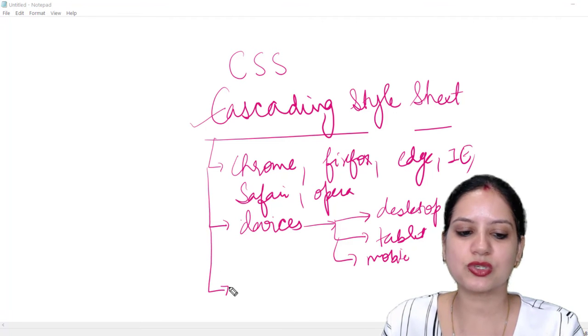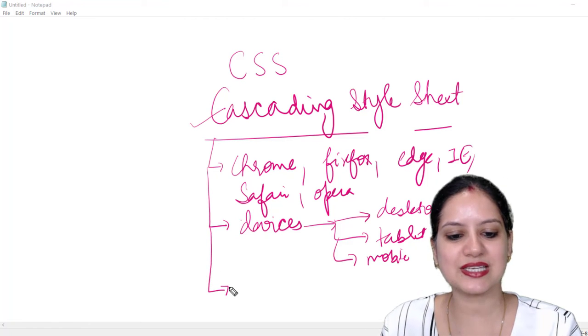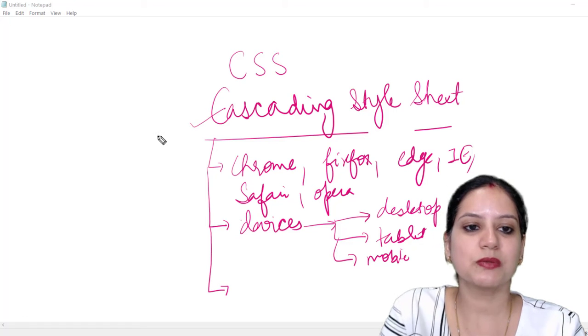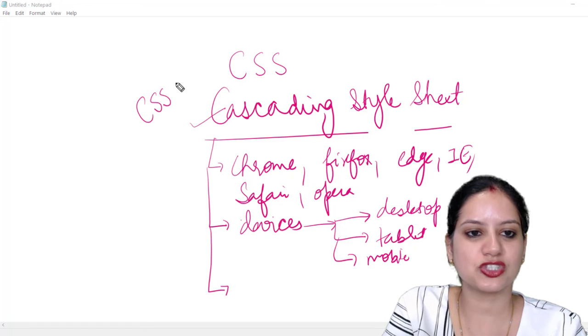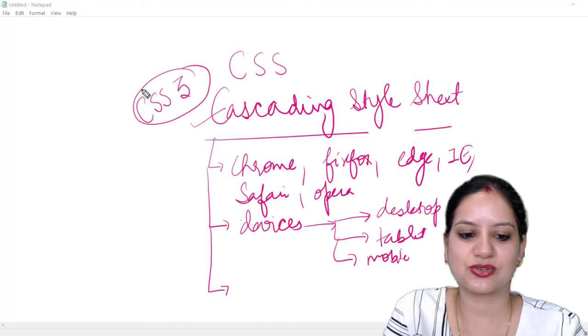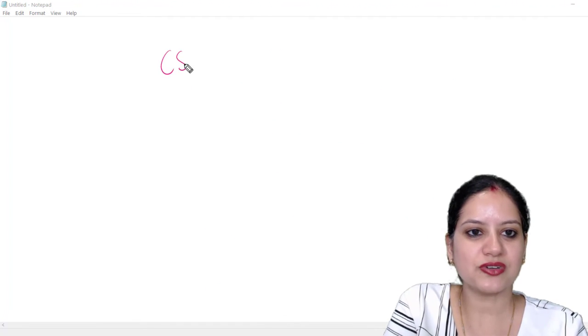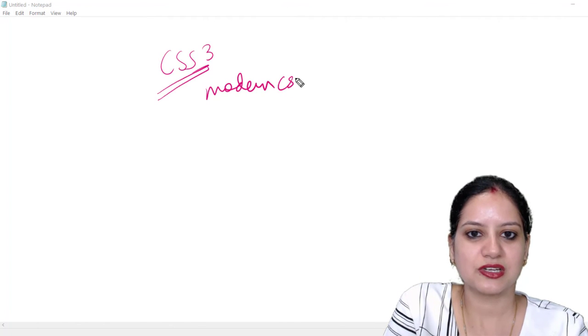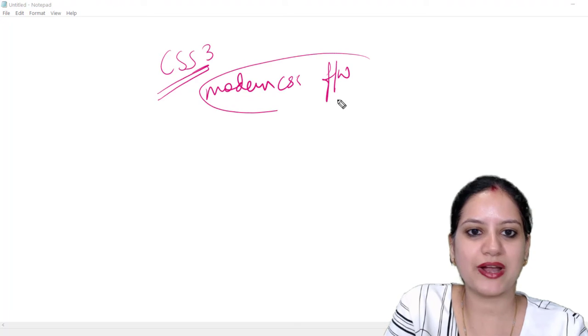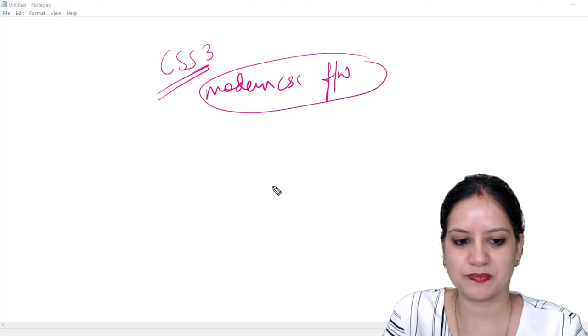In this particular course, we will be learning about standard CSS, and we will be covering the most latest version of CSS, which is CSS 3. CSS 3 is the modern CSS framework, which is very useful and widely used across the industry.